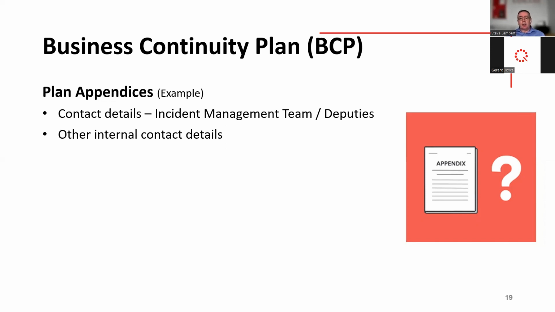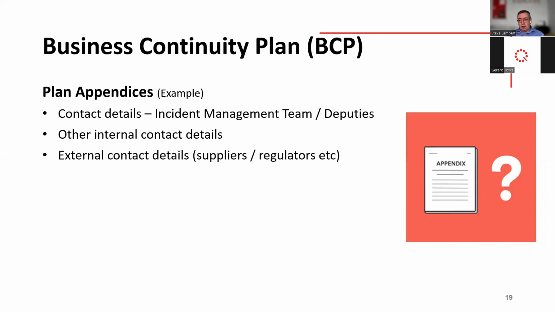Other internal contact details matter too: if you're working from home and you need to contact somebody and your IT systems are down, then having the contact details in that plan, hosted on SharePoint or somewhere as a secure location, means you can access those details.